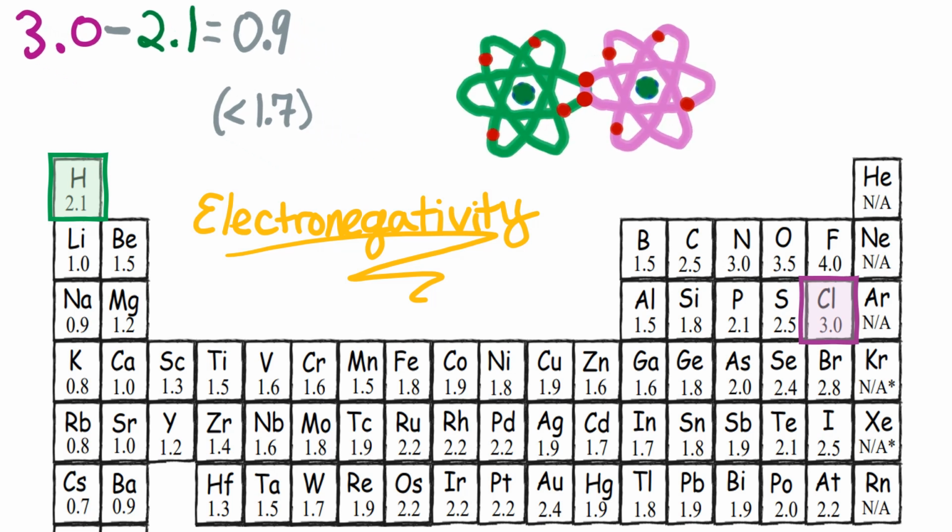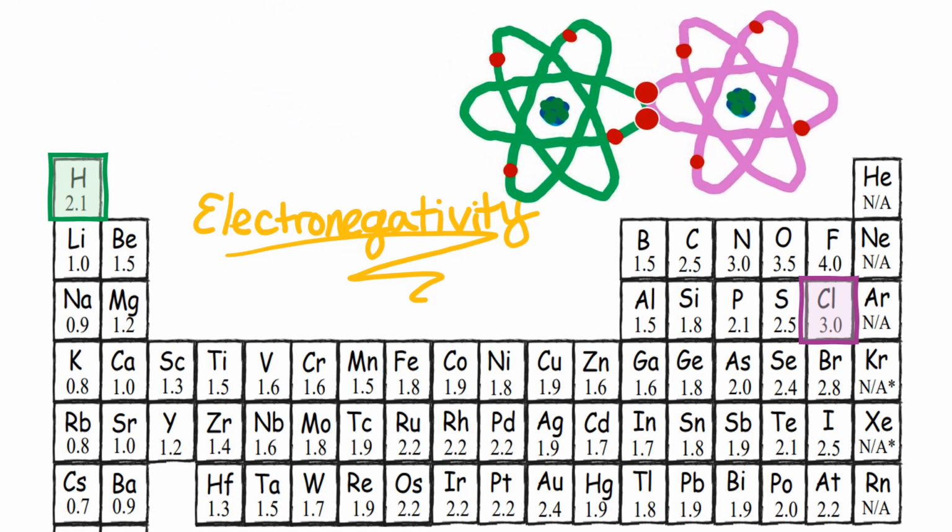Instead, the two atoms share the electrons. The electron from this atom feels the attraction from the other nucleus, and so does the electron from this atom. So the atoms share the two electrons to form a covalent bond.